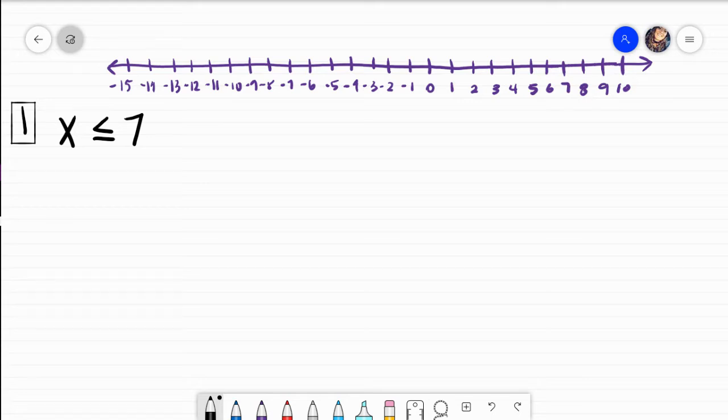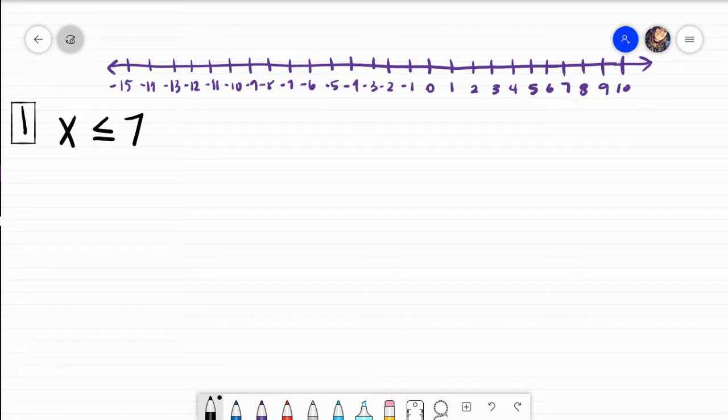It says x is less than or equal to 7. I know for a fact that because I have that straight line underneath the less than, it means it can also equal 7. So that means I use a bracket.